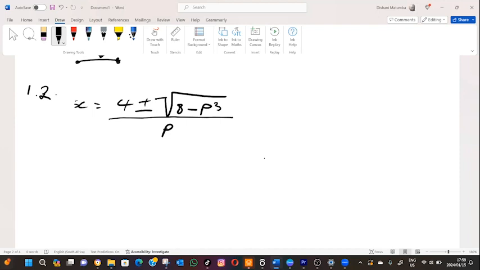This is very easy. We're going to use fundamental principles to solve this one.